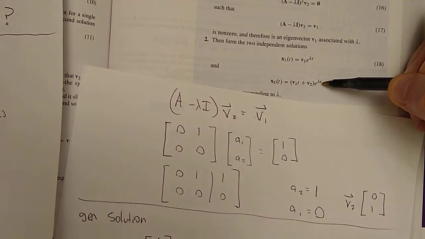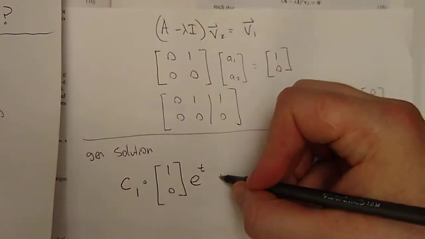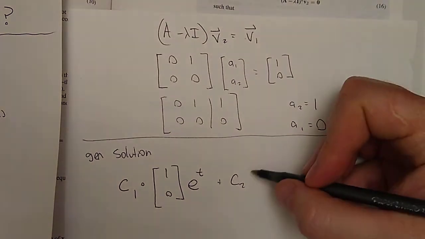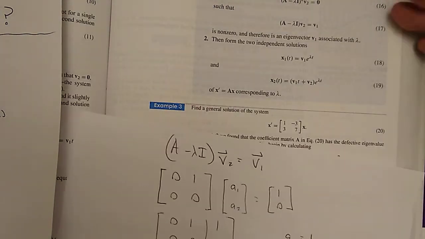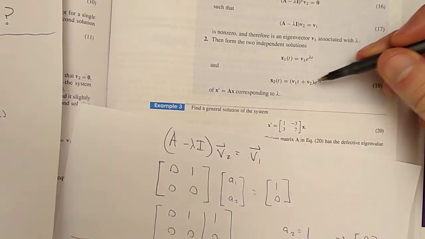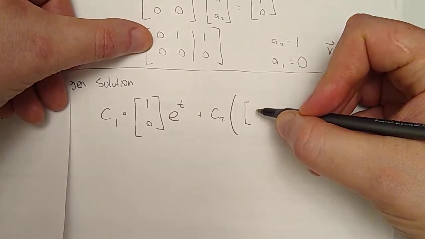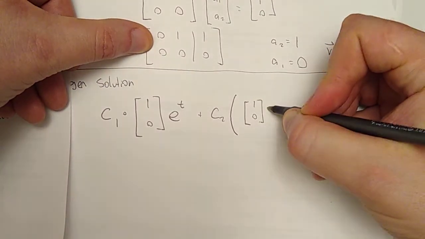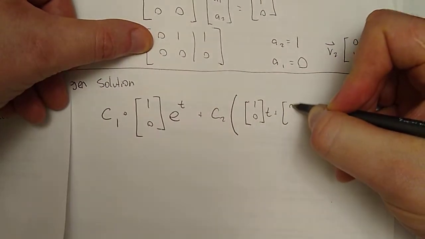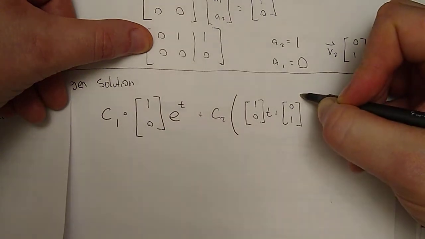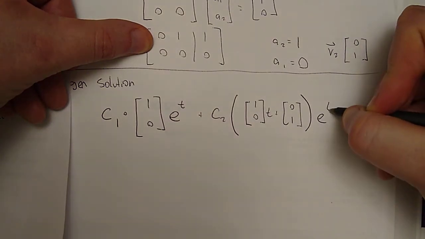Let me do C2 times this one. So C2 times, what does this say? V1 t plus V2? So 1, 0, t plus 0, 1, e to the t.